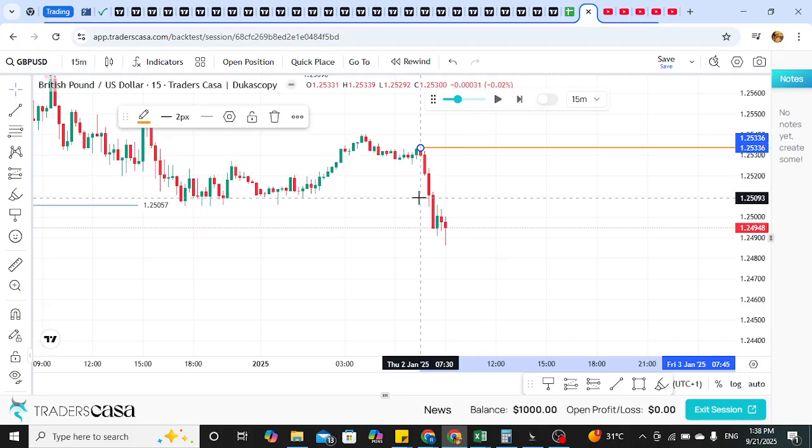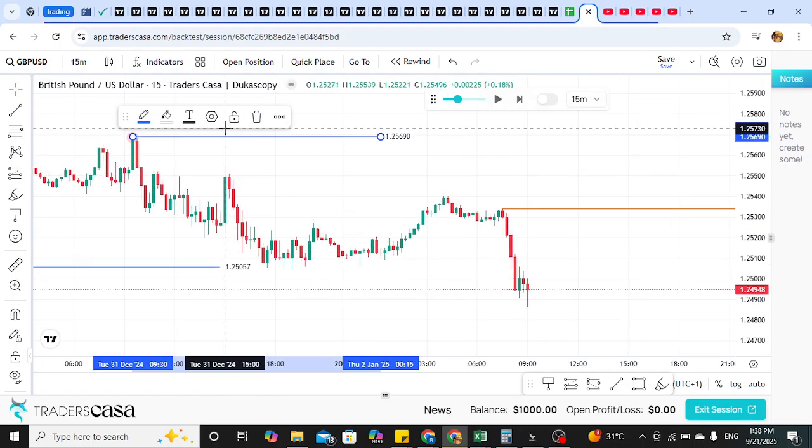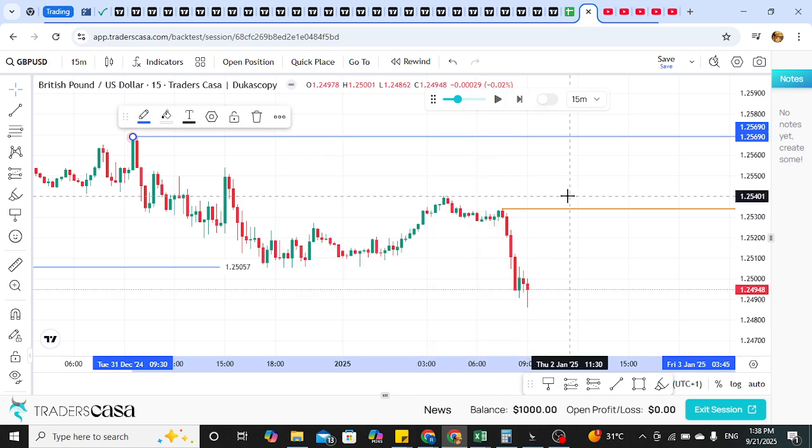We look, this is 25.33.9. Is there another pullback? No, there isn't. 25.33.9. Okay. Remember, this is the high of the range. Let's put it forward at 650. Okay.